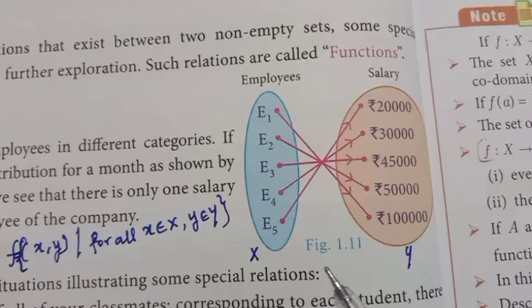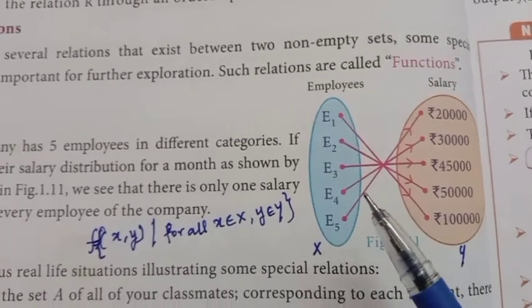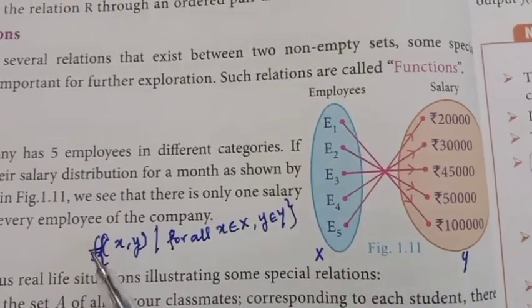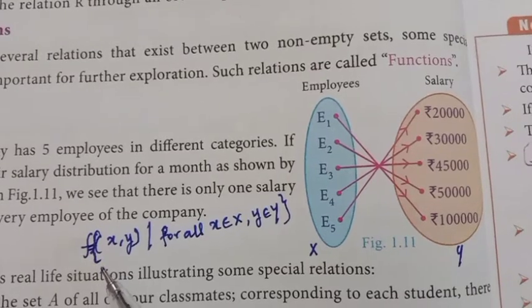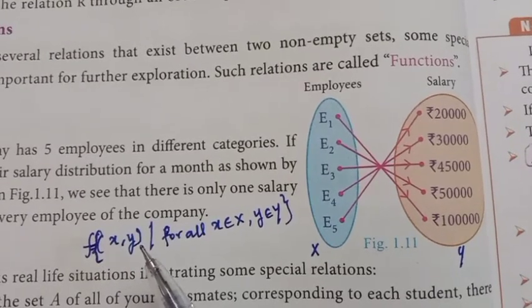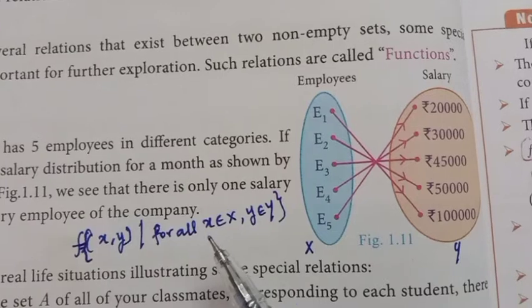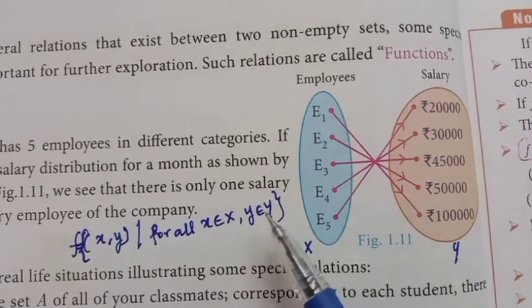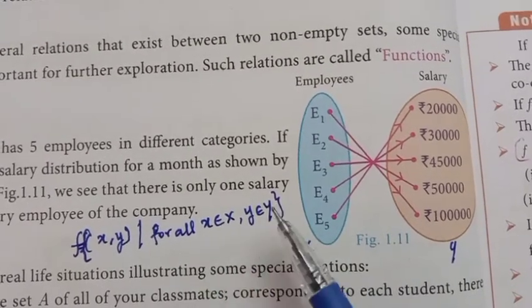Okay, students. Now refer to the definition that you learned: the function f is equal to the set of all ordered pairs (x, y) such that for all x belonging to set X and y belonging to set Y. This is called a function.